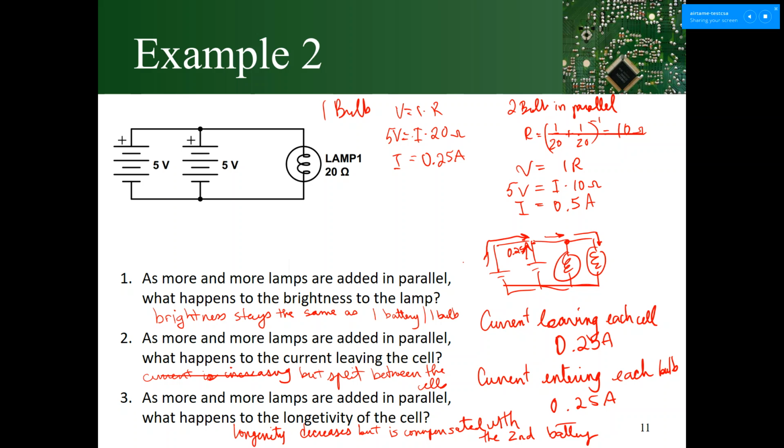Therefore, each battery will be using 0.25 amps, and each bulb will be getting 0.25 amps. And therefore, the brightness doesn't change compared to one battery, one bulb, but the longevity of the batteries increases and you're powering more bulbs, right? So if I compare two batteries, two bulbs, to one battery, one bulb, it's pretty much the same.